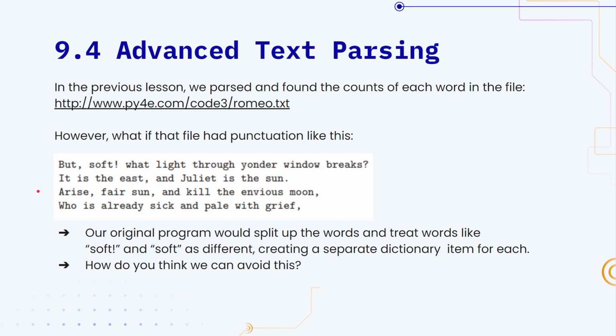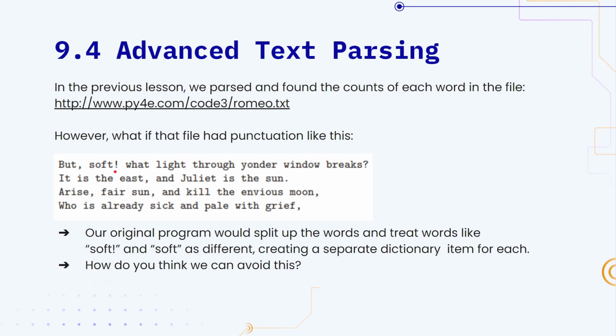version of Romeo.txt. This file, and this is an excerpt of it, has punctuation and capital letters. That's a new issue we have to combat because we haven't seen this yet in our previous parsing files. Because of this, we have to take into consideration that strings or lists with punctuation will act differently.